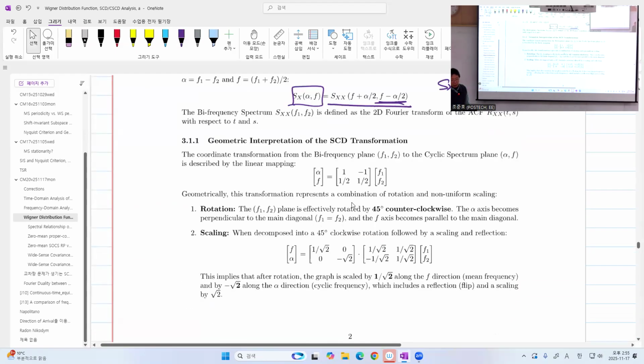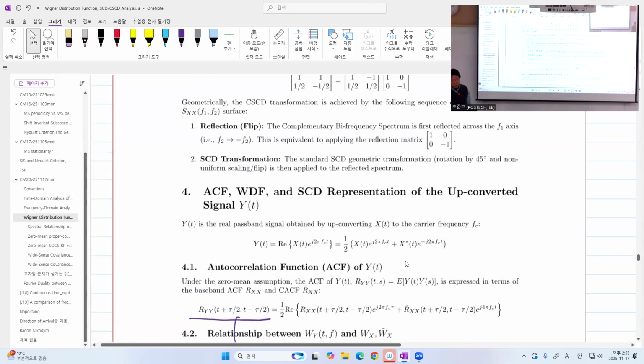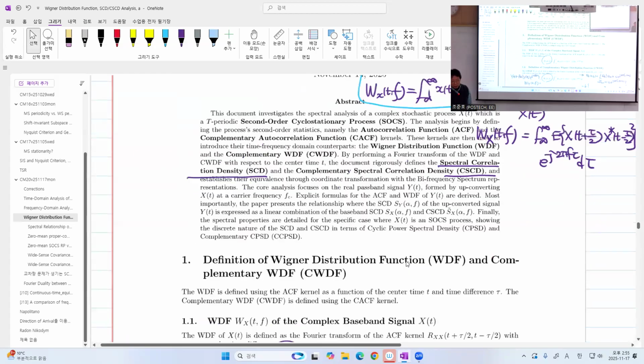That part is written here, the geometrical interpretation of the spectral correlation density with the bi-frequency spectrum. So you just read it. It's not a completely new one, okay?